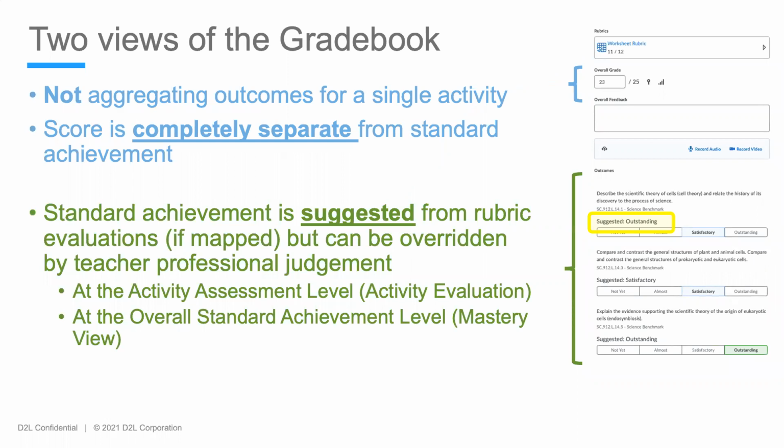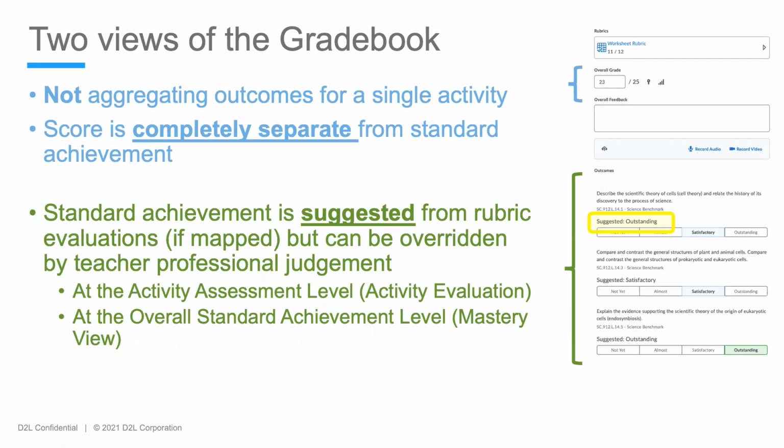But when you think about the outcomes in the evaluation, it's not an aggregation of those outcomes. The overall achievement for each outcome is calculated based on a series of different activities. So we're taking the suggested level of achievement or that manual override level of achievement and aggregating it across different assessments.